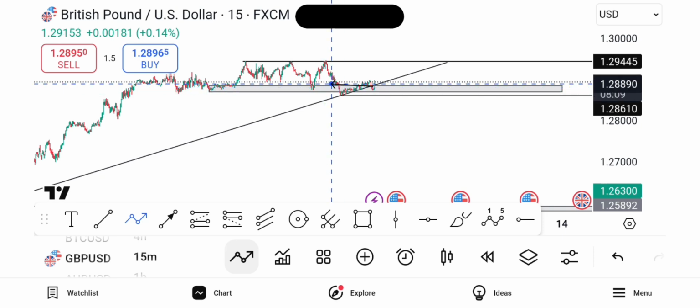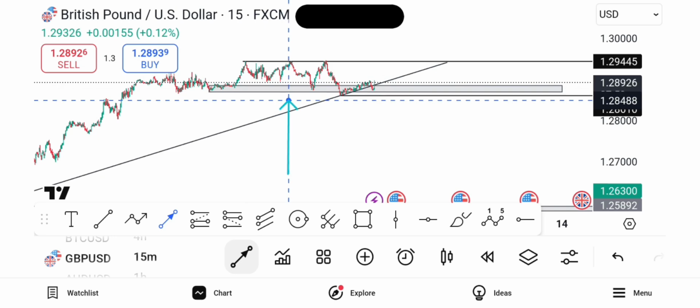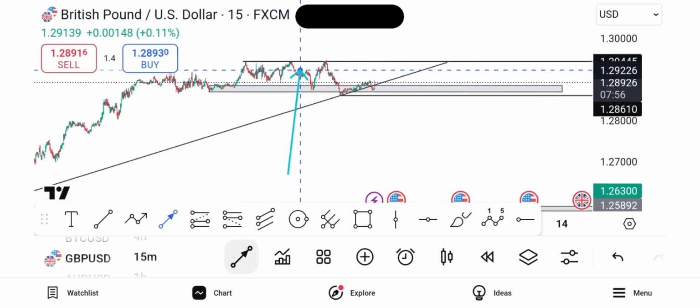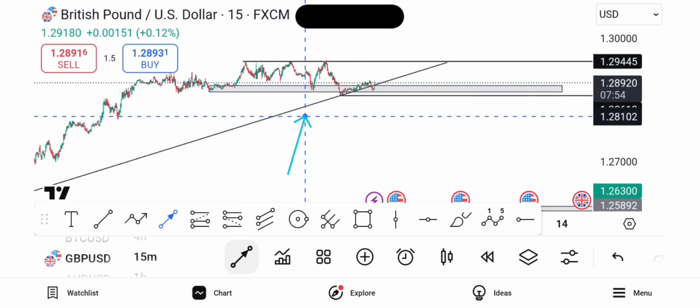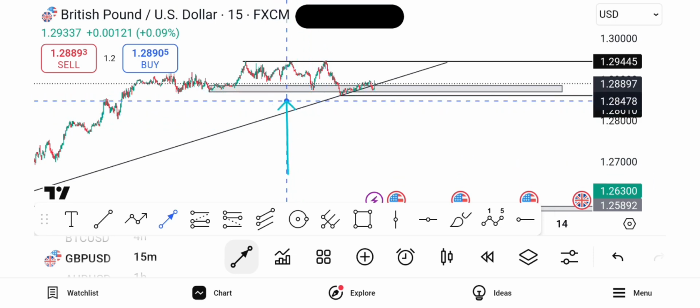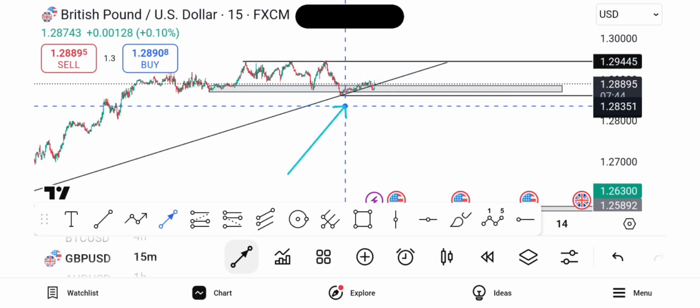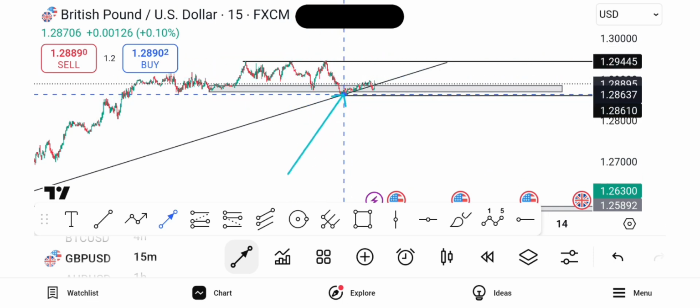So when it comes back to this zone we have marked, it can make this same movement, coming down, moving up, coming down, moving up. That's what we can expect here, making the same equal highs and lows. So just be patient enough and let it do what it's doing.